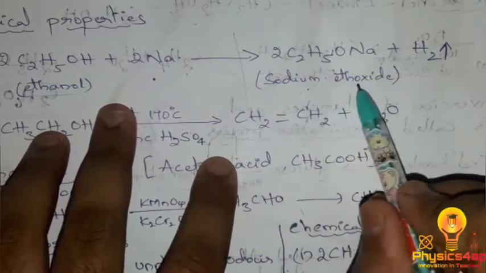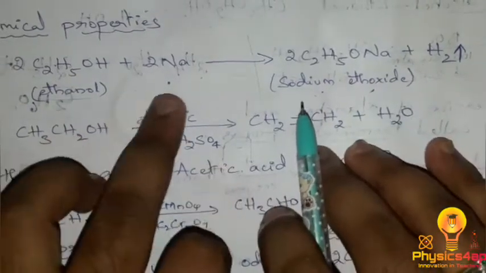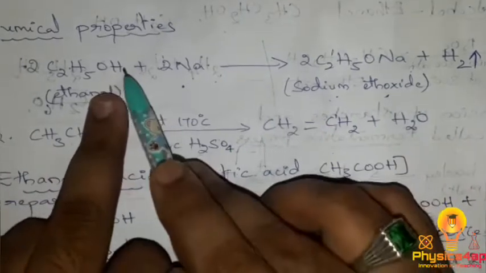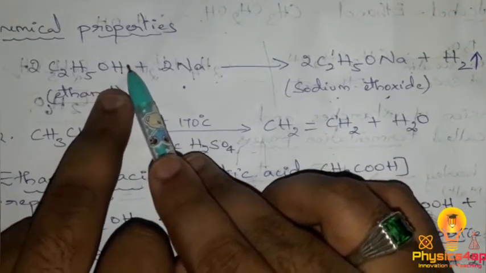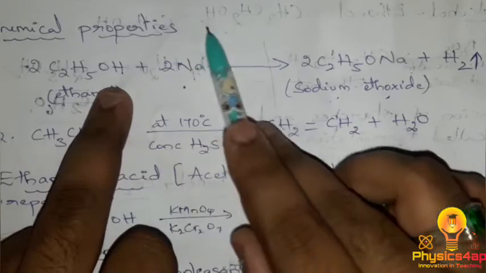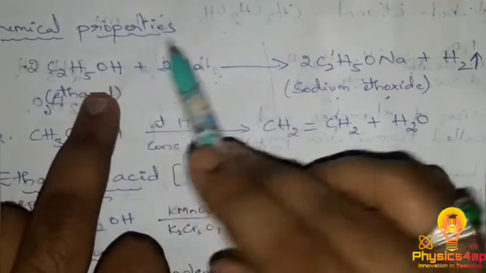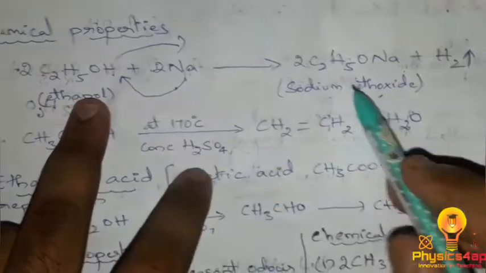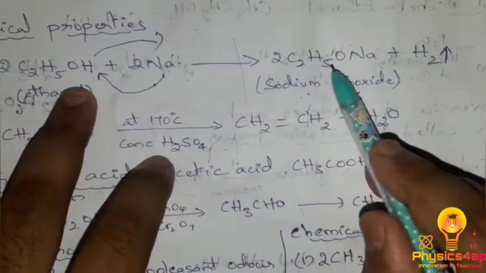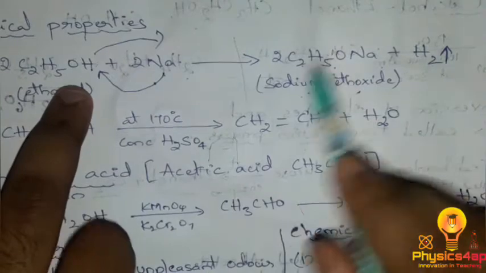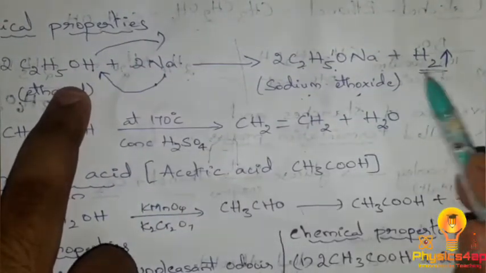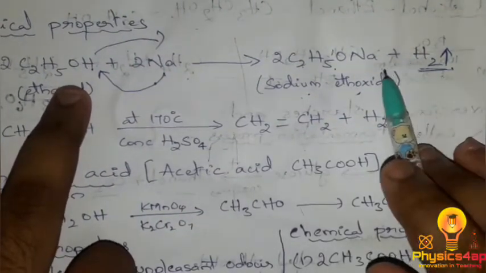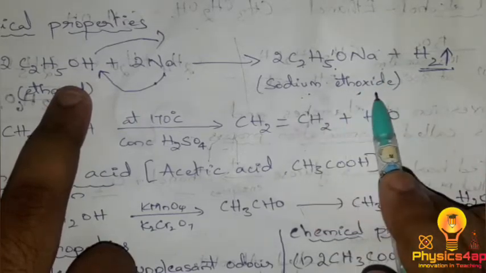Here the hydrogen which is present is replaced with the sodium atom. So the hydrogen comes out and the sodium enters here and forms C2H5ONa, and the hydrogen gas is liberated. So this is sodium ethoxide.